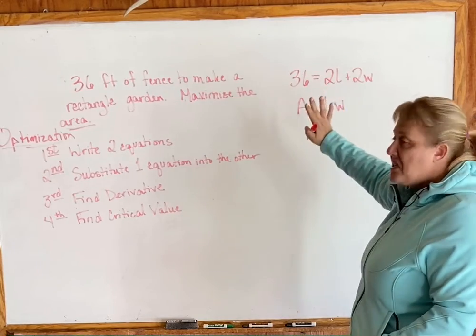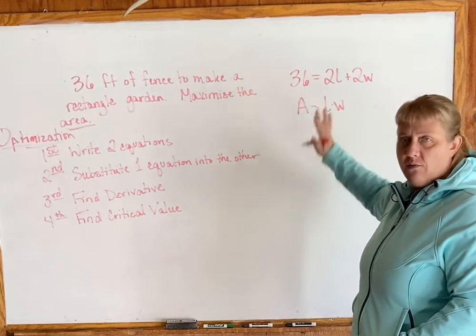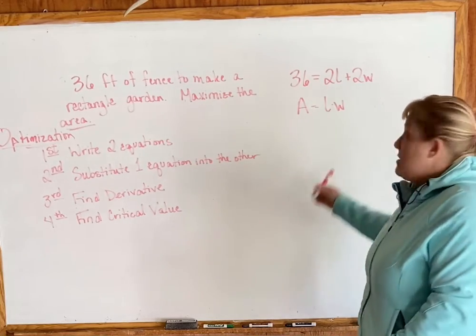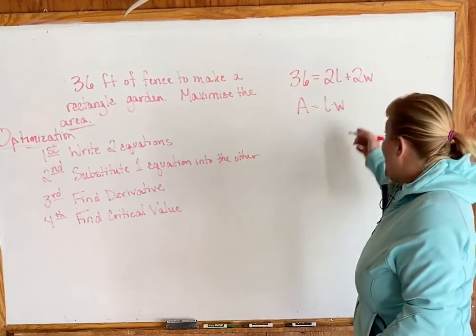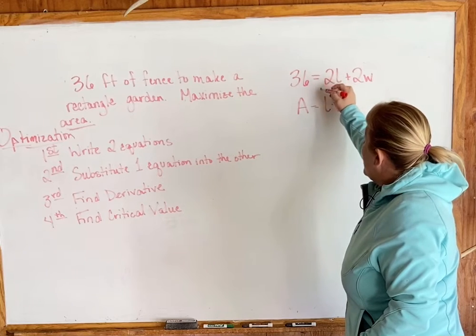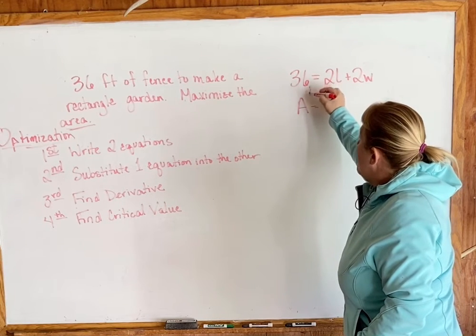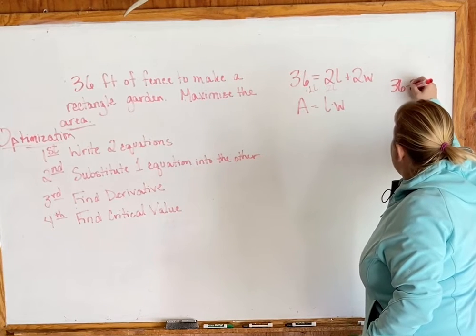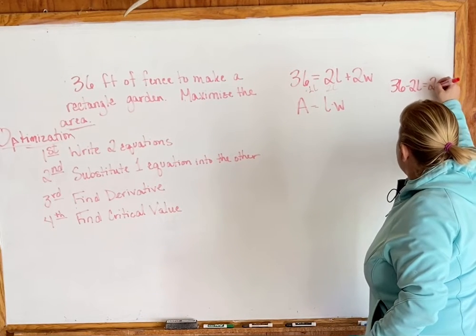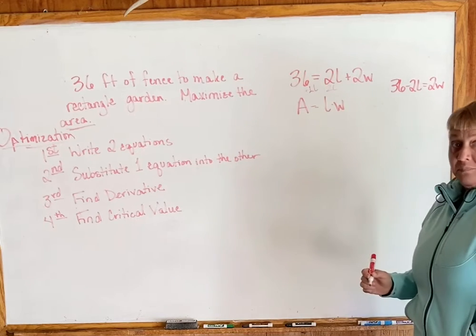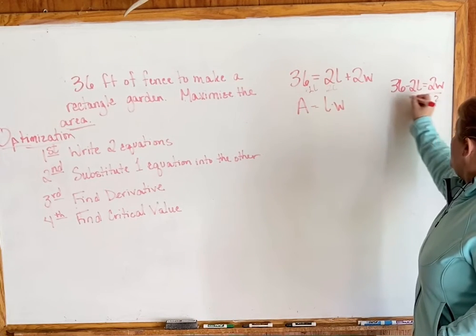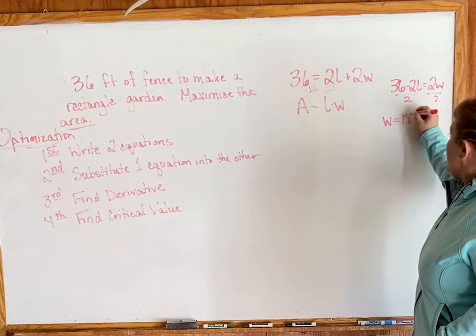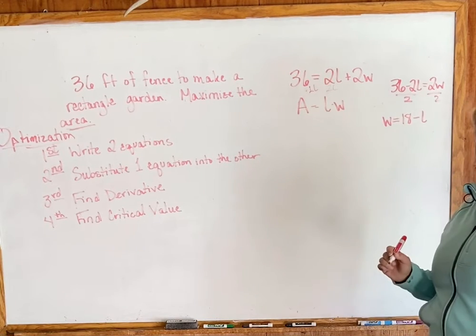It does not matter which variable you solve for, absolutely doesn't matter. My last name is Woods, so let's get the W alone just for the heck of it. So in this top one, we're going to subtract the 2L from both sides. So we'll end up with 36 minus 2L equals 2W. And then we will divide by 2. So we get W equals 18 minus L.